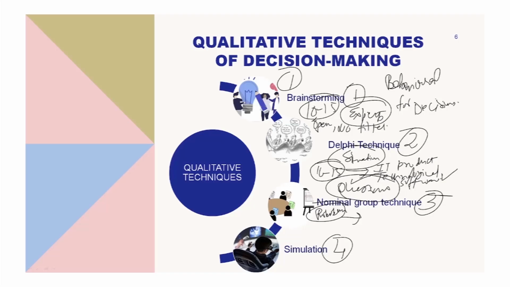Suppose the specific problem is with respect to the skills of the employees within the organization, like how the skills of the employees can be improved. Because of the rapid transformation in the IT industry, the use of digital software, artificial intelligence, the older employees are not so used to the new software.